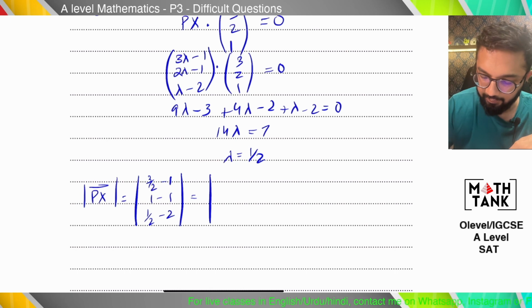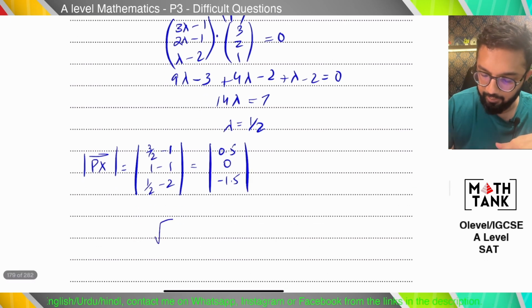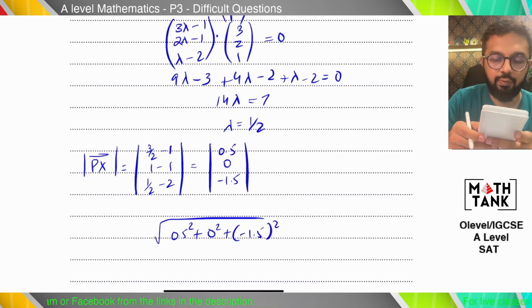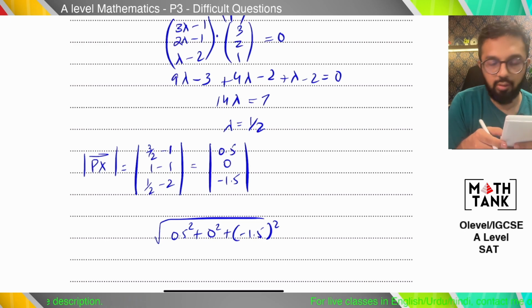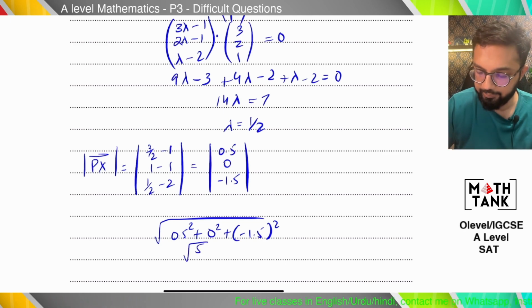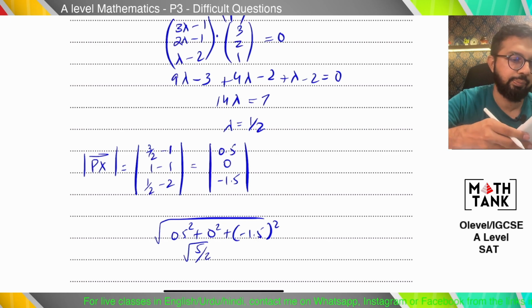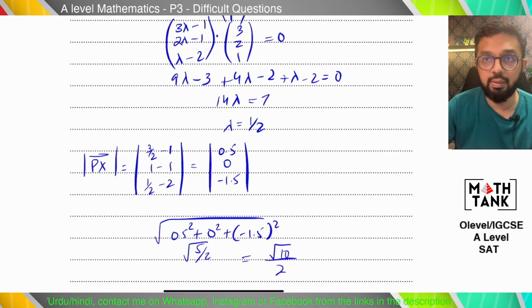Okay, so that's going to give me 0.5, 0, and minus 1.5. So 0.5 squared plus 0 squared plus minus 1.5 squared. See if we get the correct answer. It's root of 5 over 2, yeah, which is equal to root 10 over 2. That's the answer in the marking scheme.